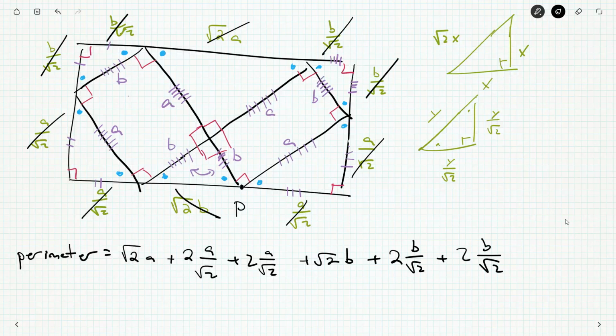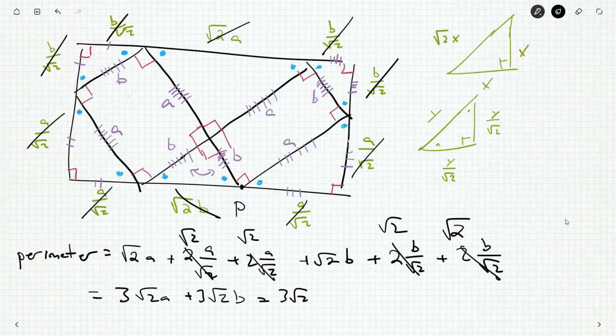Now, 2 over root 2 is just root 2. So really I've got 3 root 2a plus 3 root 2b, or 3 root 2 times (a plus b). So that's the perimeter, if only I knew a plus b.